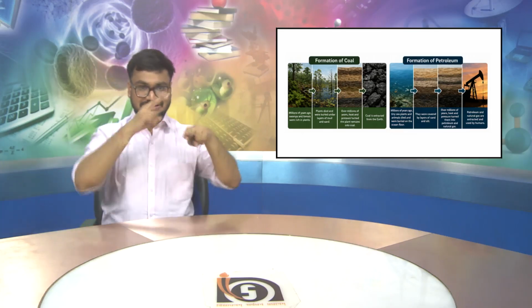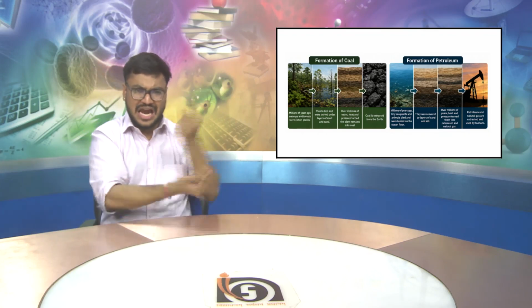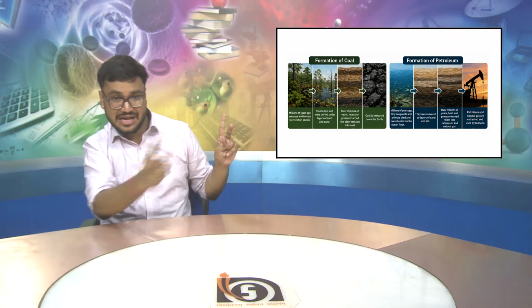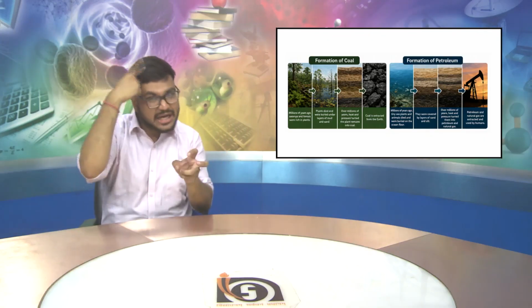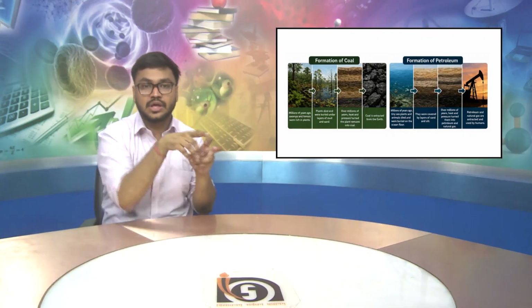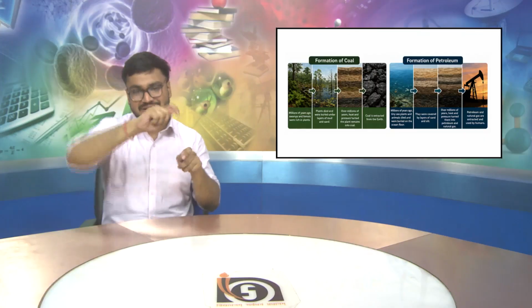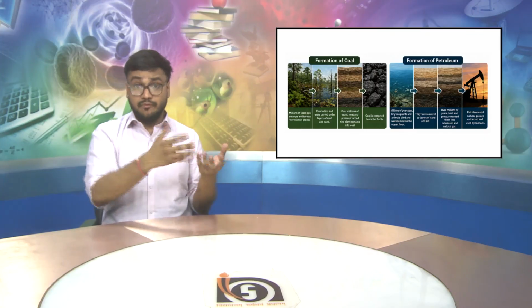As you can see on the screen, the formation of coal and the formation of petroleum are shown. After various stages, we get a useful thing which is coal and also petroleum.